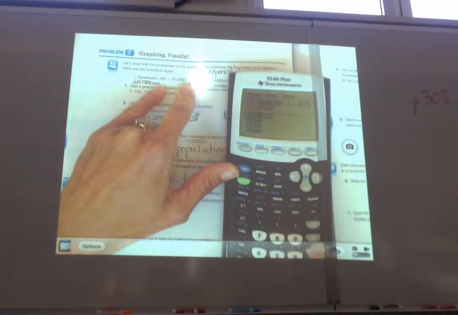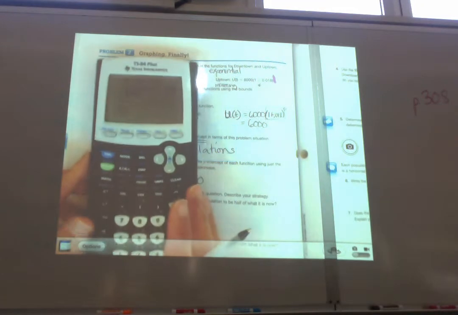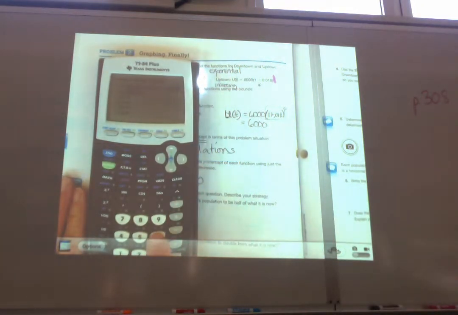Then I go down to y2. And now I'm going to do uptown. This one starts with 6,000, parentheses 1 plus 0.018, close the parentheses, caret button, x.